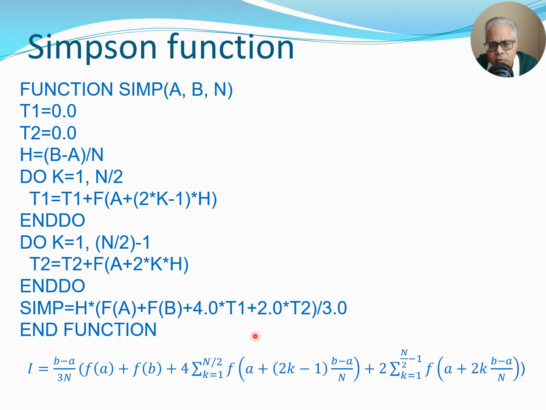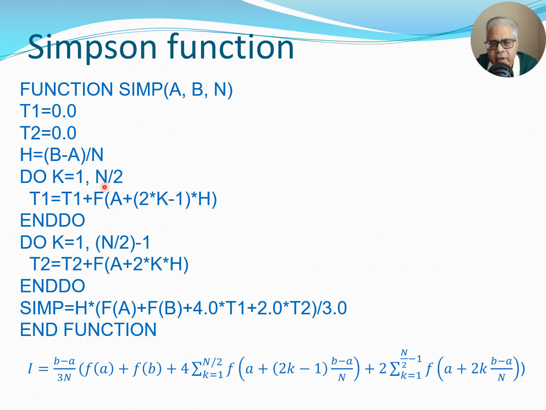Now the main thing is about the Simpson rule function, and that's what I've written here. So here we start with these two numbers, t1, t2 are 0, and these are the summation terms. So these are going to be the summation terms here and here. And then I put h is b minus a by n. Now because this b minus a by n is coming at 3 different places, I just define it in one shot.